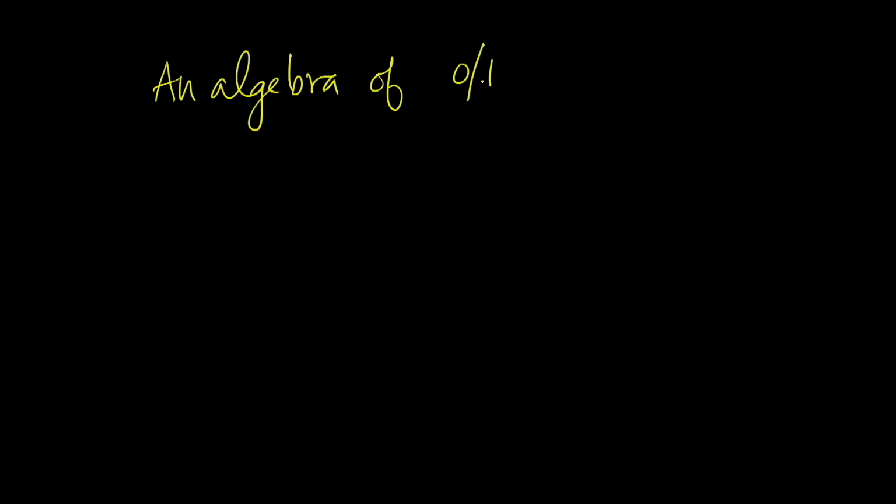Algebra of 0 and 1. This algebra is called Boolean algebra after mathematician George Boole. So let us begin with a study of this algebra, Boolean algebra, which is the underlying algebra of propositional calculus.